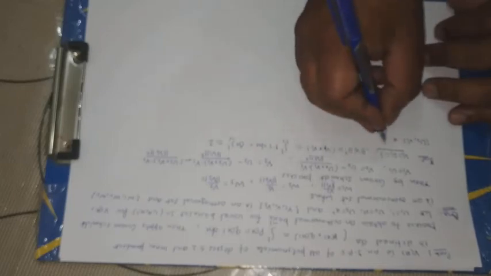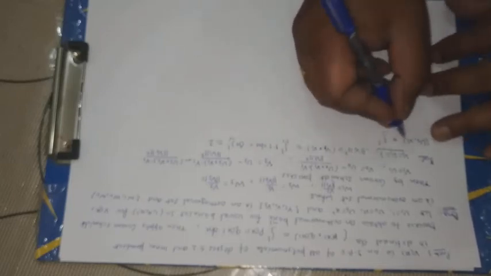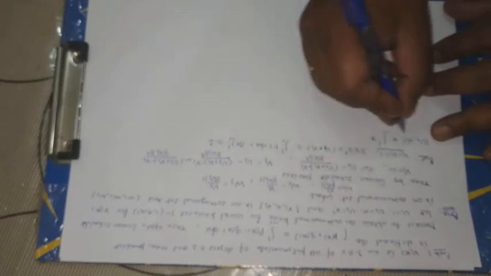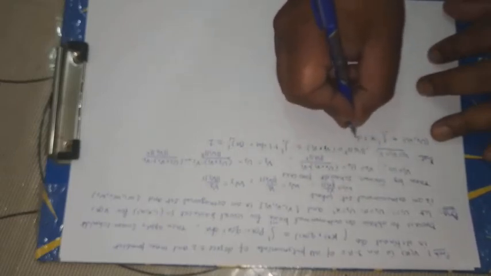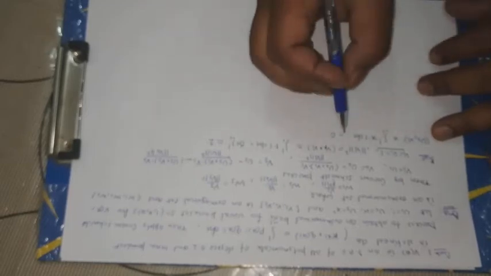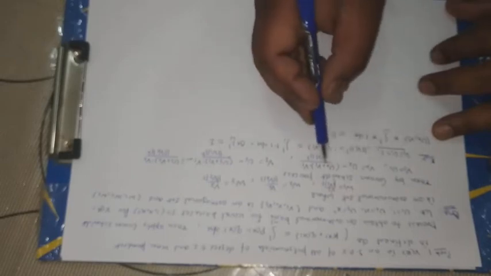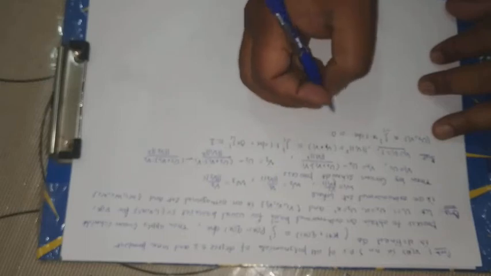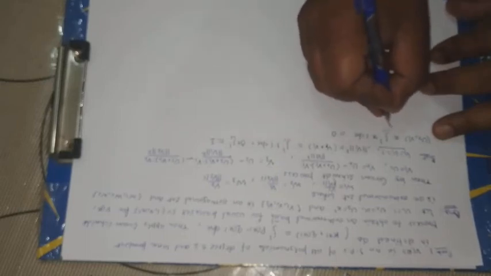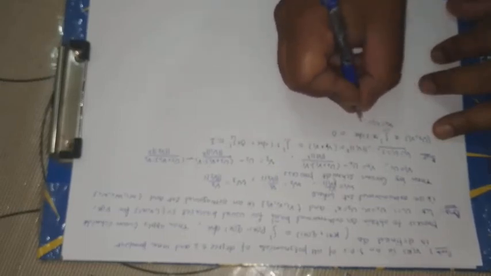Now the inner product of u2 with v1 can be written as the integral from -1 to +1 of x times 1 dx, this is equal to 0. After putting the value of inner product u2 v1 in this equation, we get v2 is equal to u2 equal to x.